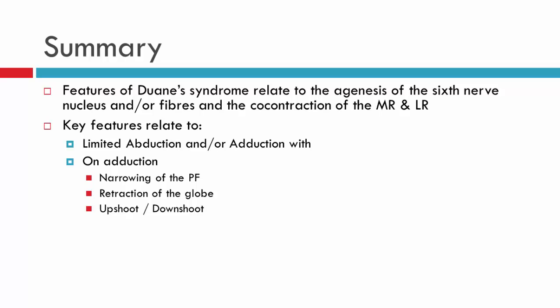That limitation in abduction relates back to the agenesis of the sixth nerve. Limitation in adduction relates to co-contraction of the medial rectus and the lateral rectus. In terms of the features that we see on adduction, this relates again back to the co-contraction of the medial and lateral rectus. So in adduction, what we see is narrowing of the palpebral fissures, retraction of the globe, and in some patients, upshoots and downshoots in this position.